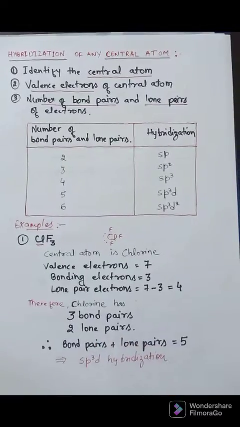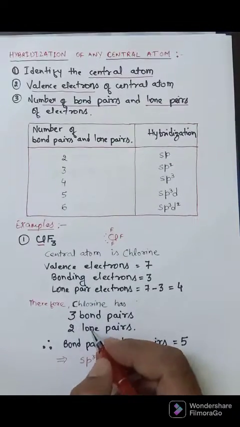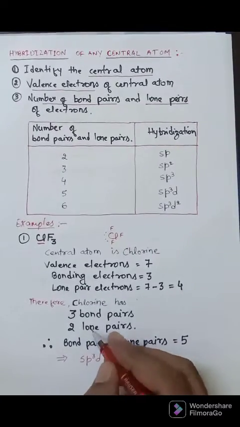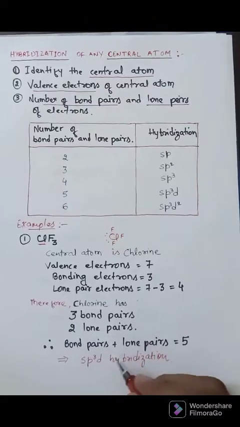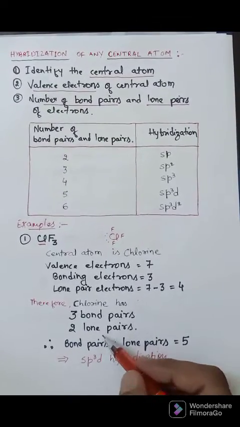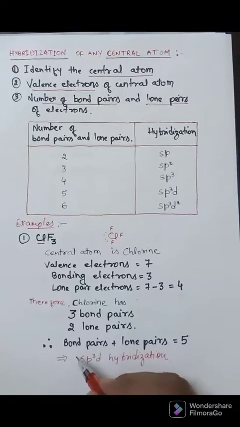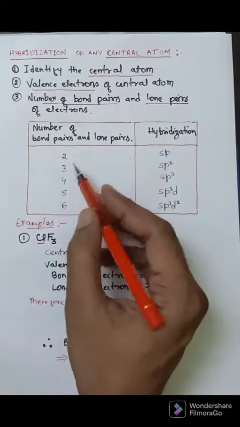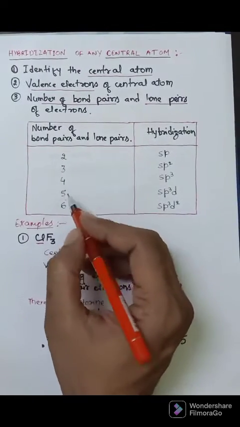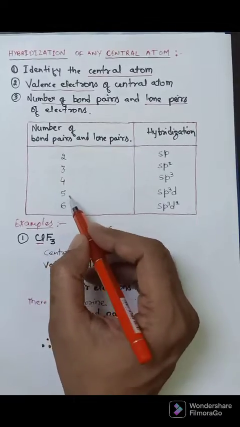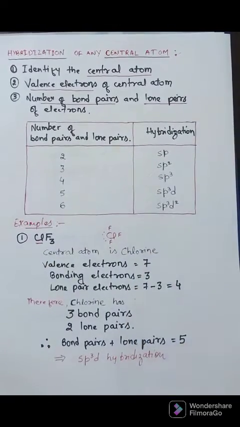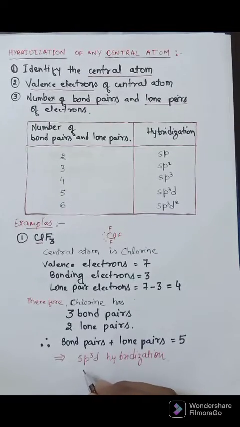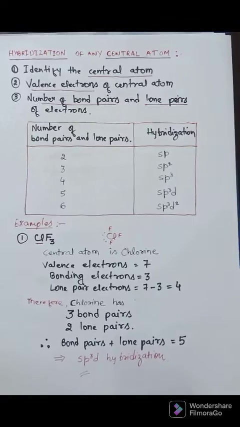So chlorine has overall 3 bond pairs and 2 lone pairs. Coming to the above table, the number of bond pairs plus lone pairs is equal to 5. If the number of bond pairs and lone pairs is equal to 5, we have hybridization sp3d. So ClF3 has hybridization sp3d.